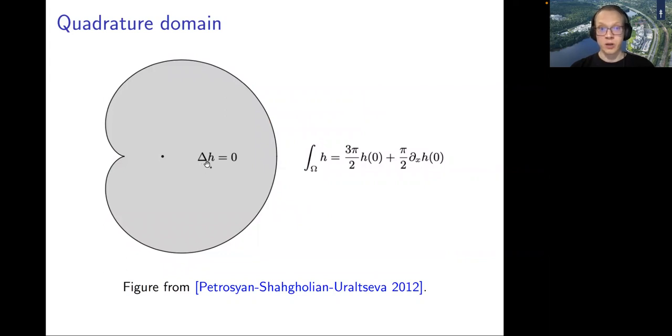So if you have any harmonic function h in the cardioid, then the integral of that function over this domain is equal to a combination of h at 0 and the x derivative of h at 0. So in this case, the compactly supported distribution would be a combination of a delta function and the derivative of the delta function at the origin. So this kind of result shows that there are some special singularities, typically inward cusps or similar, that can be invisible.